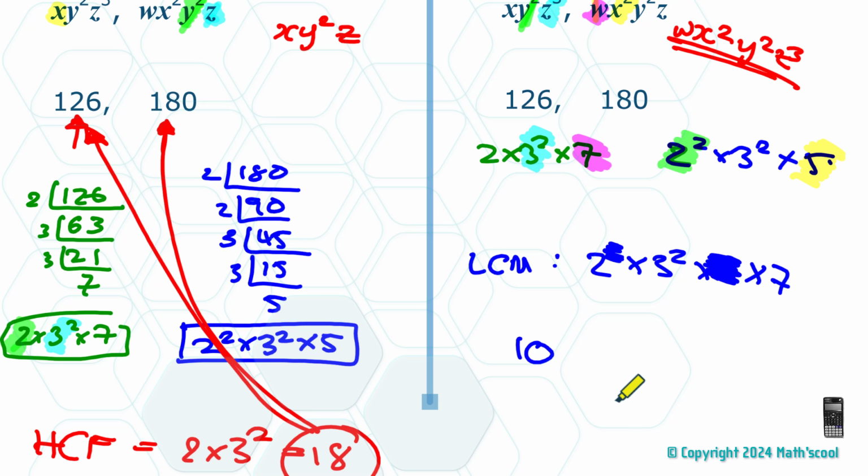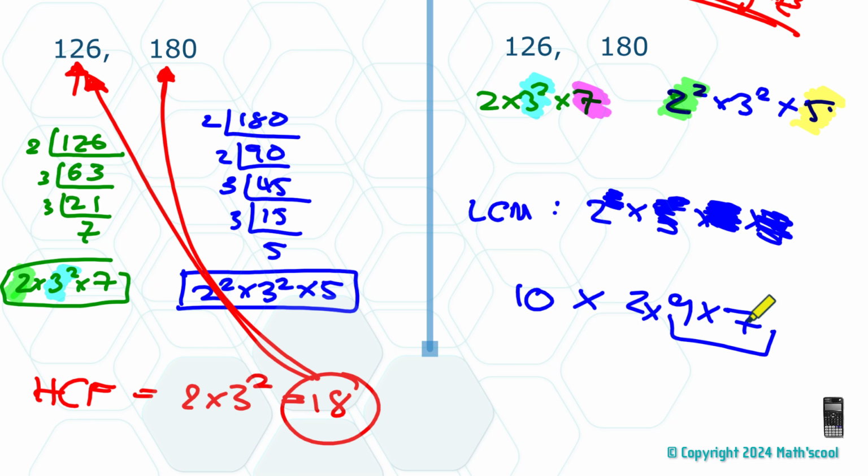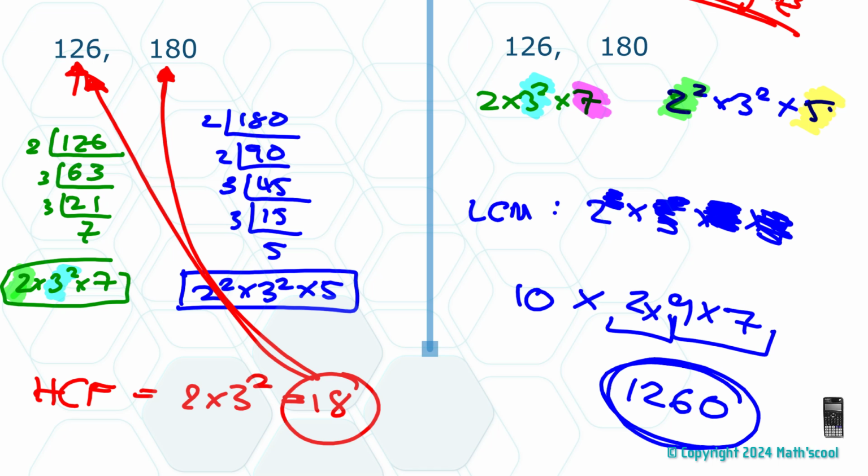And then we've got 9 times 7 times 2 times 10. 9 times 7 is 63. Times 2 is 126. Times 10 is 1260. So 1260 is the lowest common multiple.